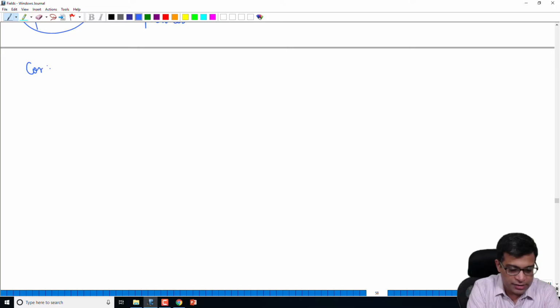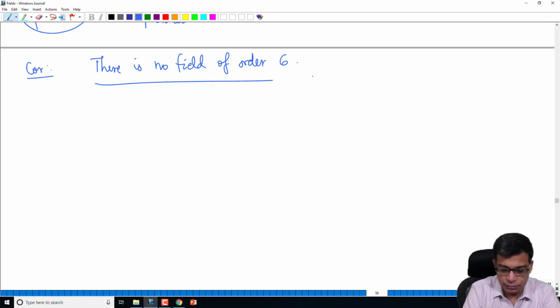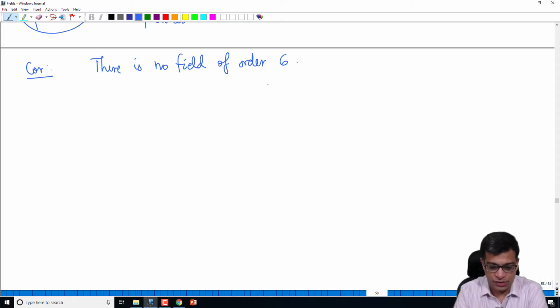So corollary is, as a simple example, there is no field of order 6, right? There is no field of order 8. Sorry, order 8 is not a problem, but 10, 12 and so on, right?